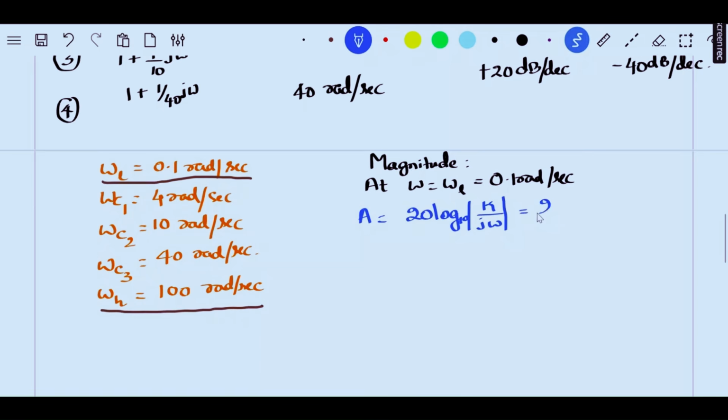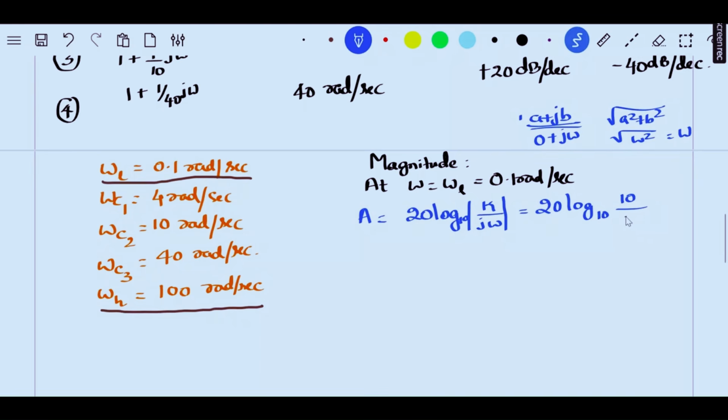So here in our problem we have K, which is 10, 20 log of, this is magnitude, keep that in mind. We all know that when we have a complex number A plus JB, the magnitude of A plus JB will always be equal to root of A square plus B square. So magnitude of K will remain to be K. Therefore 20 log 10 divided by magnitude of J omega. J omega can be written as 0 plus J omega, right? So the magnitude of this is square root of omega square, which is equal to omega.